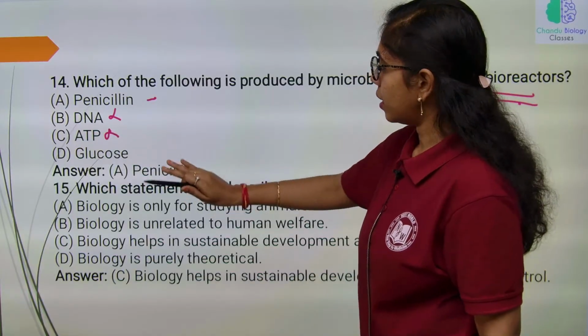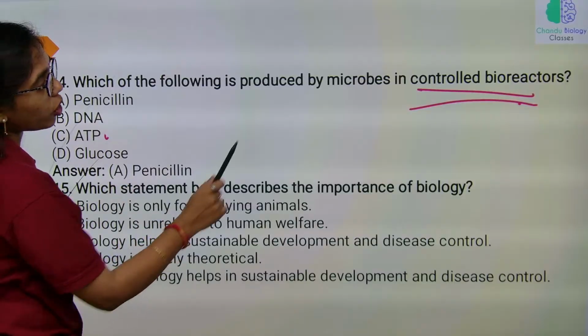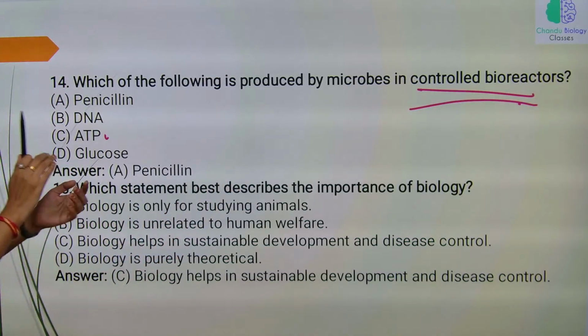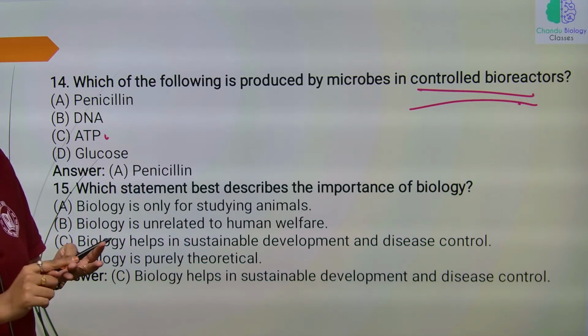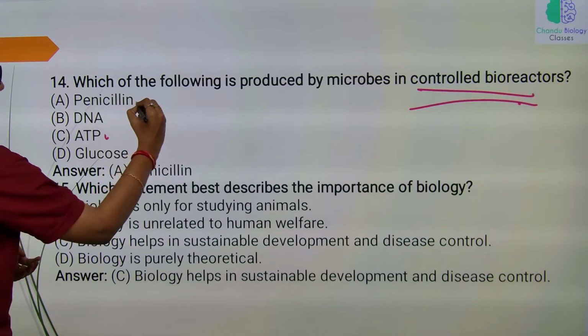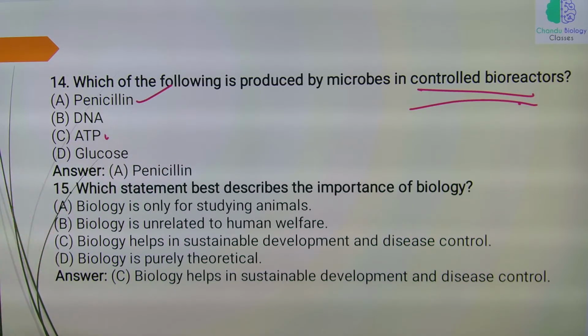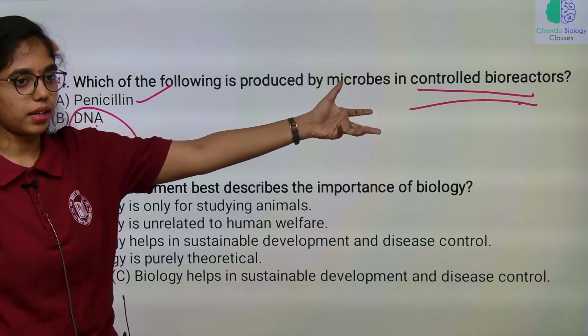As we have learned, microbes like unicellular fungi and bacteria are involved in production of antibiotics, penicillin which is produced from Penicillium notatum. DNA, ATP and glucose do not have any role in the synthesis produced in the controlled bioreactors, okay ma'am.